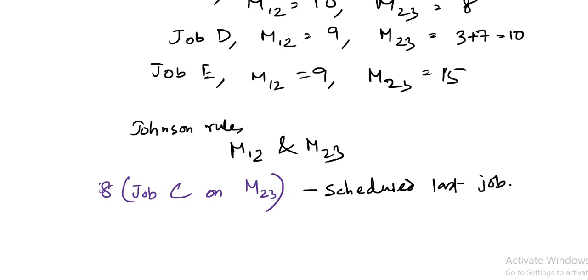The next smallest time is 9, for jobs A, D and E on M12, so schedule them in the order they appear.